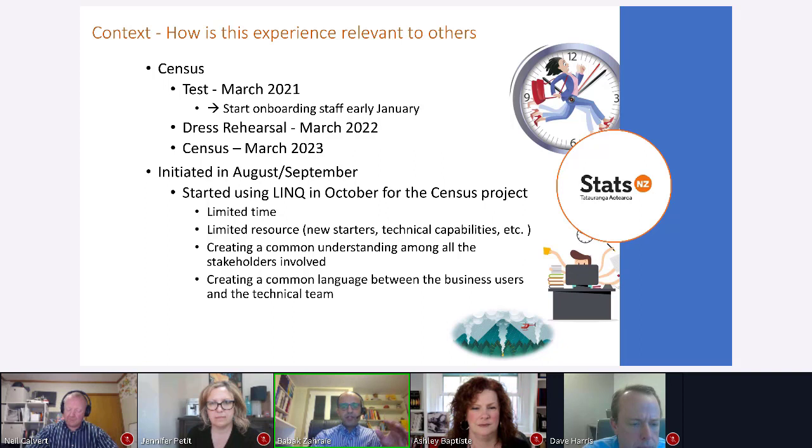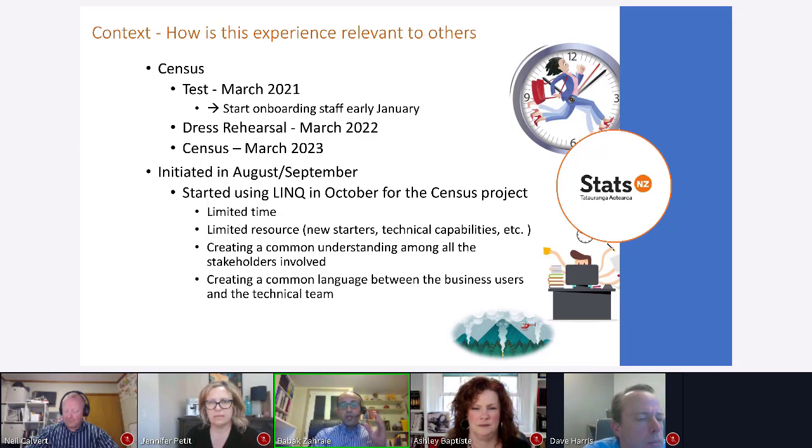Besides this time pressure, we had limited resources available. We had an architect who started with us in our digital business services team, who was very new to Stat and didn't have experience with census. We also had two new starters as SMEs in our census department, which made it difficult to articulate the needs.